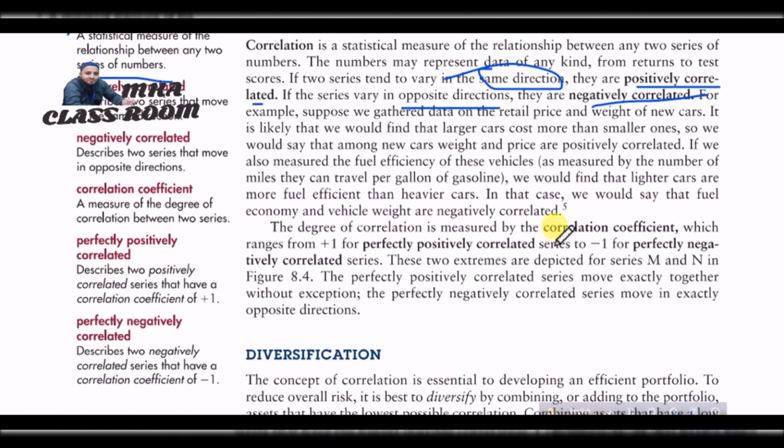The degree of correlation is measured by the correlation coefficient, which ranges from +1 for perfectly positively correlated series to -1 for perfectly negatively correlated series.